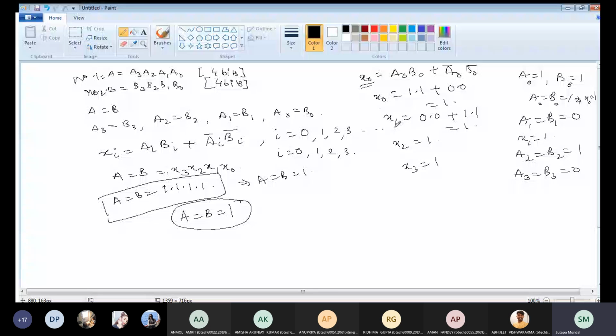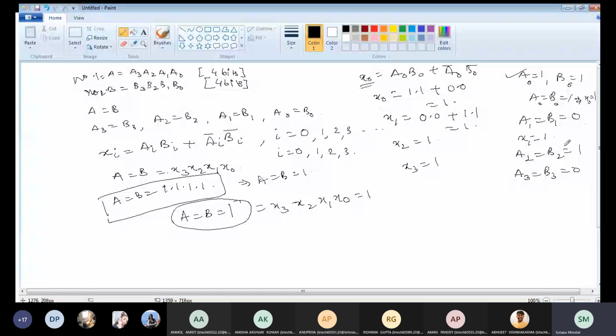That means this condition A is equal to B is equal to 1, which I am writing as X3 dot X2 dot X1 dot X0. When all the values X3 into X2 into X1 into X0 equal 1, you can see that whether our value is 0 or 1 does not matter, but the important thing is A0 equals B0, A1 equals B1, A2 equals B2, and A3 equals B3.